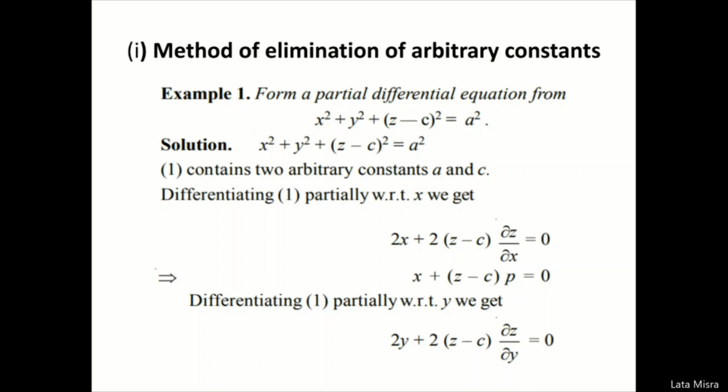Again differentiating equation 1 with respect to y, we get another equation: 2y plus 2(z minus c) del z upon del y equals 0. So here we have two equations where the common term is z minus c.